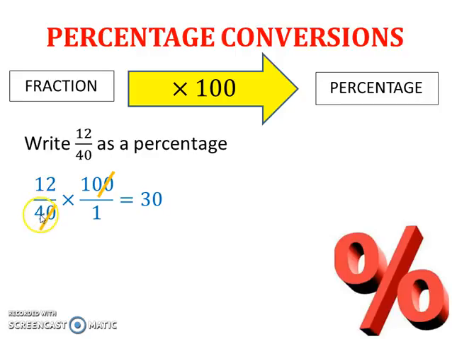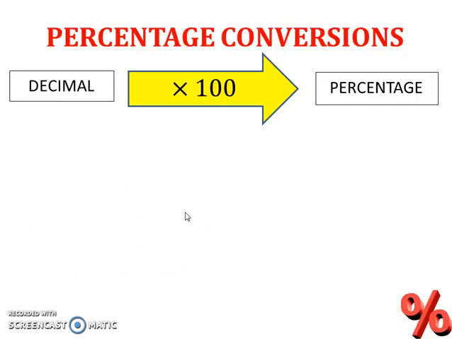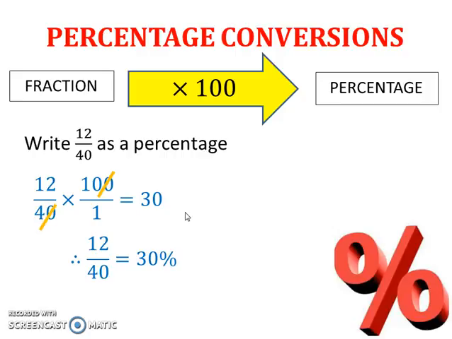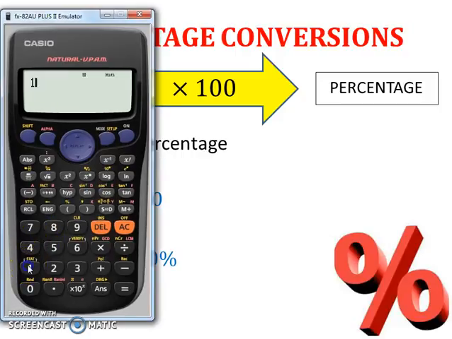Now 12 divided by 4 is 3. 3 times 10 is 30, 30 over 1, which is just 30. So 12 over 40 is 30%. If I wanted to do that on the calculator, I would just press in 12 over 40, okay, and then times 100 equals, and I've got my 30% there.